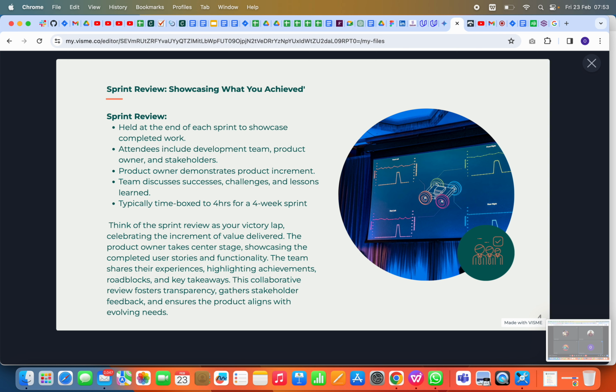You mentioned that the sprint review is time-boxed to 4 hours for a 4-week sprint. Does that mean 1 hour per week? The lesser the sprint duration, the lesser time is required for your sprint review. And the same applies for the sprint planning.